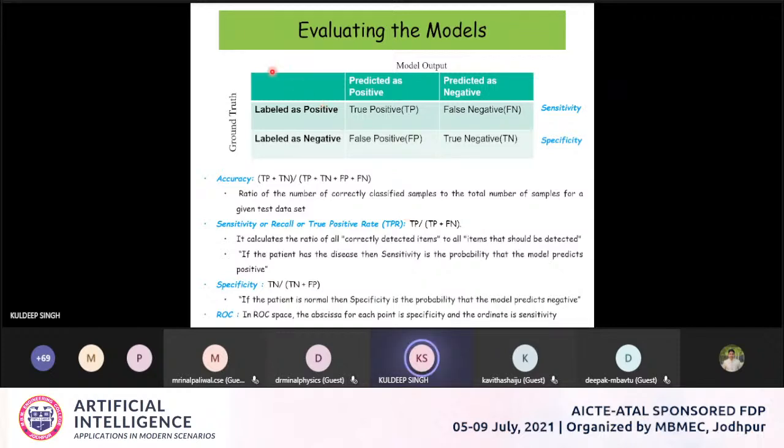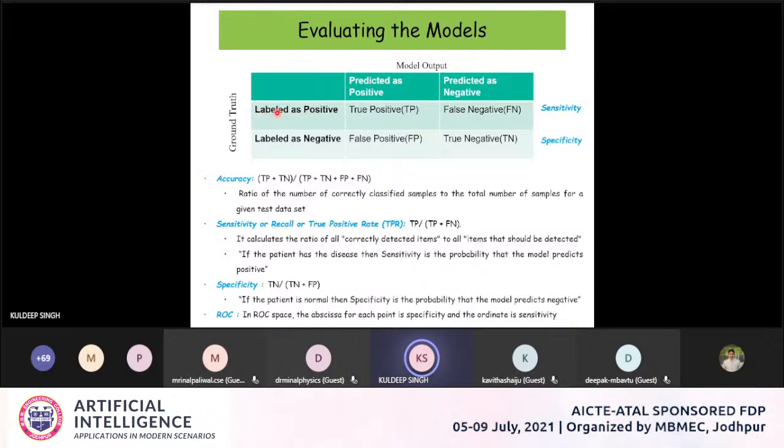So basically, we draw this matrix where on the left hand side we have the ground truth, like the test image is labeled as positive or negative, and on the right hand side we have the output of the model, like what category this particular model has predicted, whether it is positive or negative.